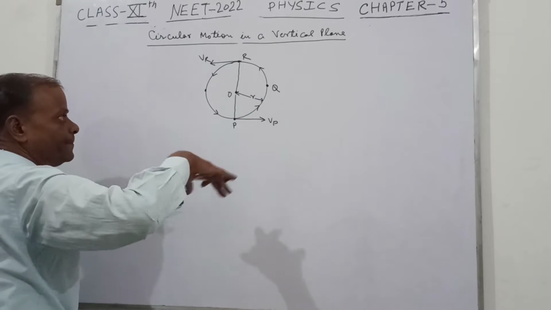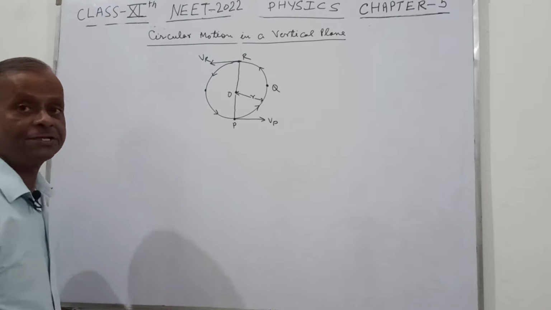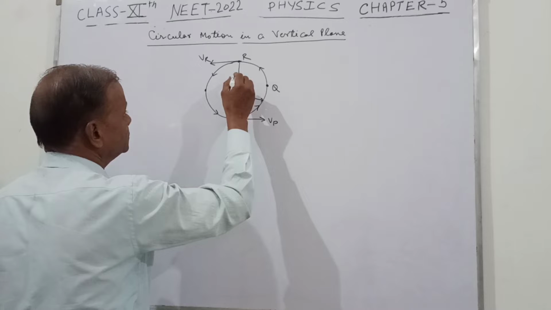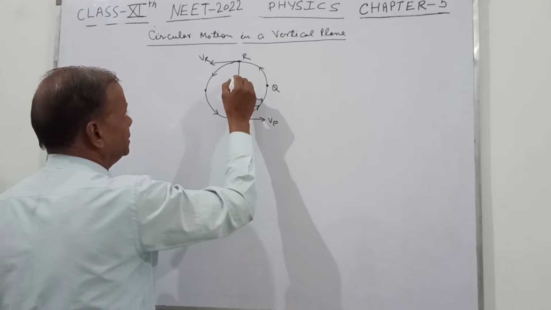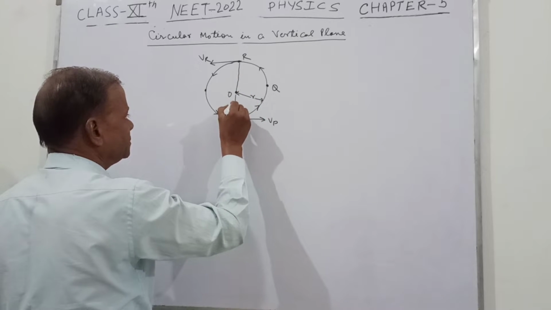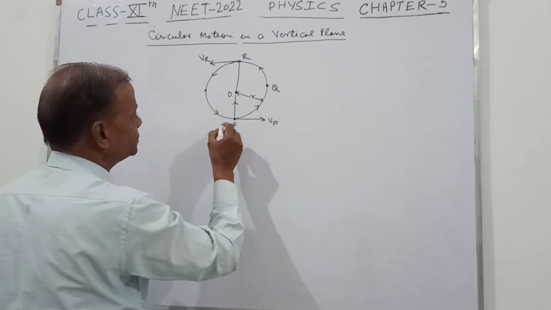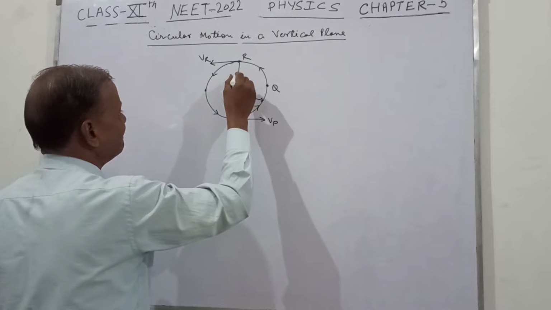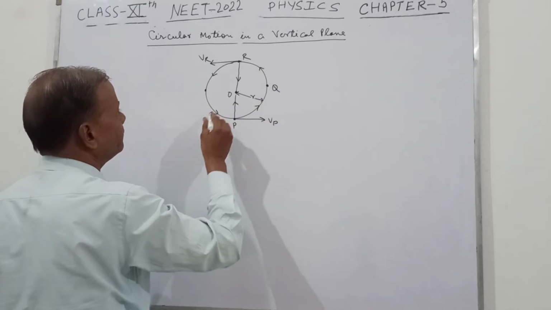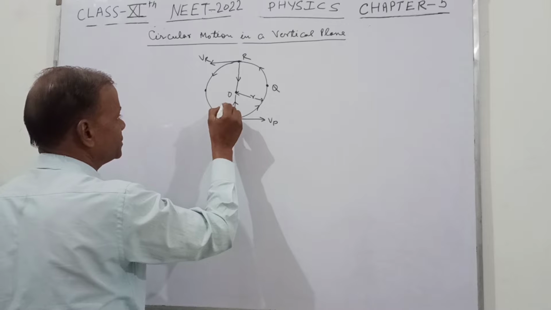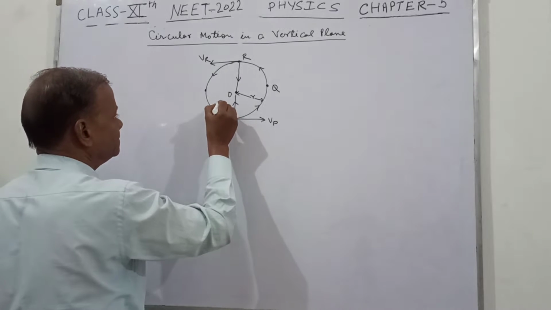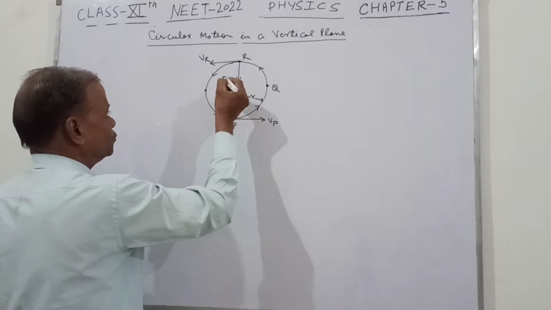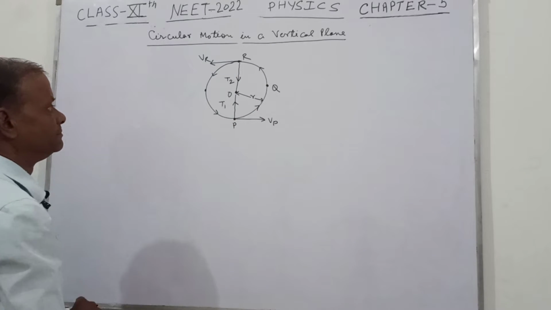The particle is tied with the string, so it has tension. Suppose this is tension T1, this is tension T2, this is the thread.